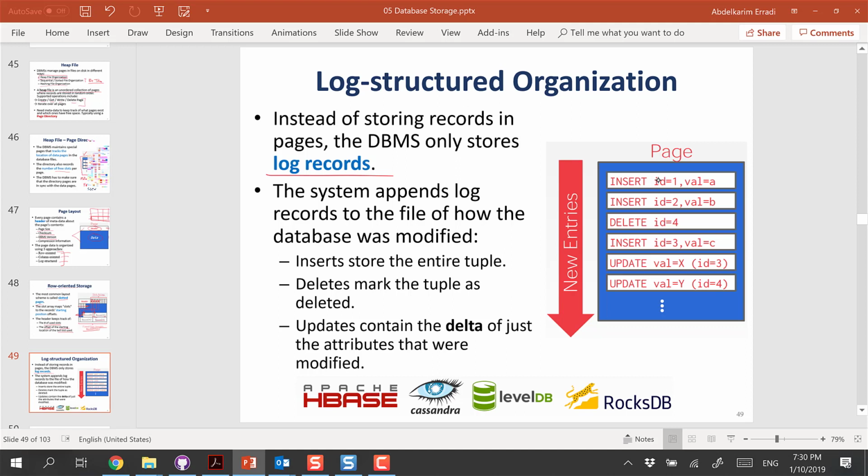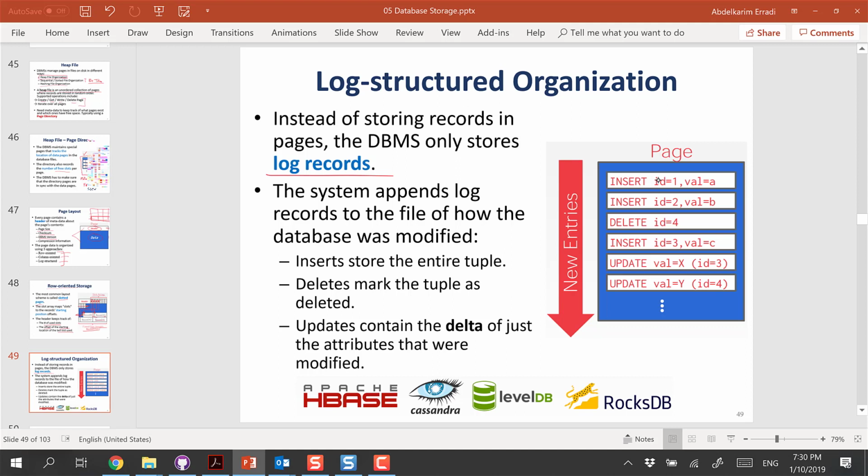Then I inserted another ID, deleted 4, and so on. I updated the val, set it to X where ID is 3. And updated val, set it to Y where ID is 4. So I keep track of the changes that are happening to my table.